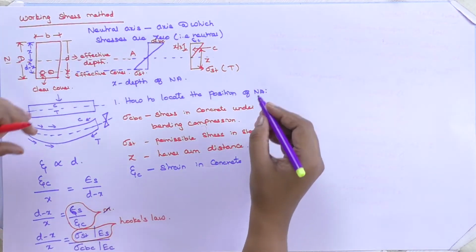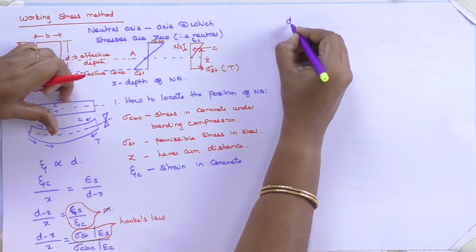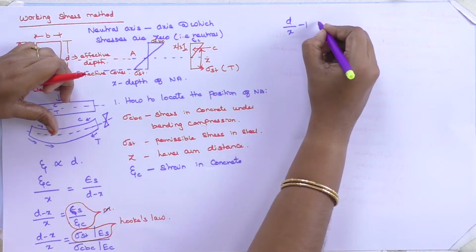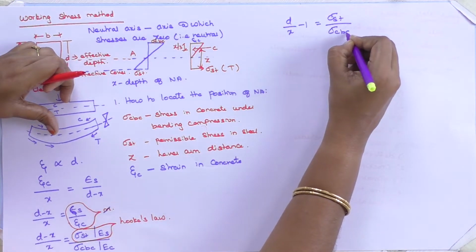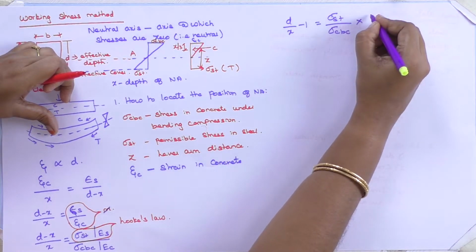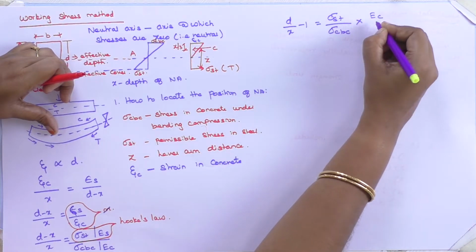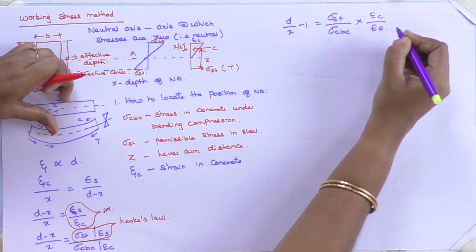So, d by x minus 1 is equal to sigma st divided by sigma cbc into Ec divided by Es.